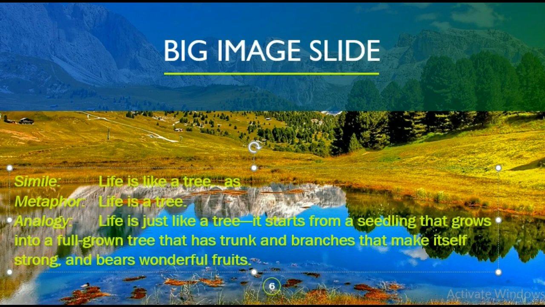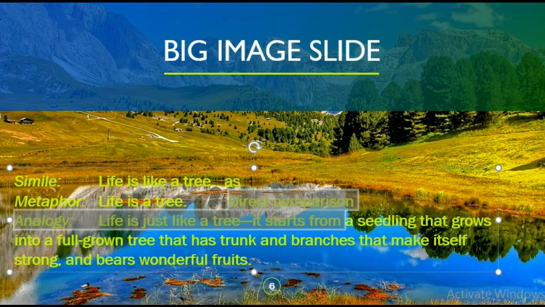What about for metaphor? What is being compared here? You are comparing life to a tree, but there is no use of the word like or as. So this is now what we call a direct comparison.